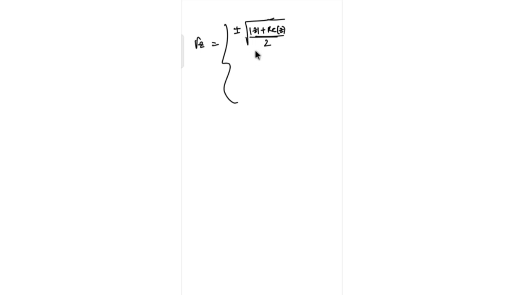So plus or minus root over mod z plus real part of z by 2 plus i times mod z minus real part of z divided by 2. So this is what we want to get. This is plus or minus root over mod z plus real part of z divided by 2, plus i root mod z minus real part of z divided by 2, and this is when the imaginary part of z is greater than 0.